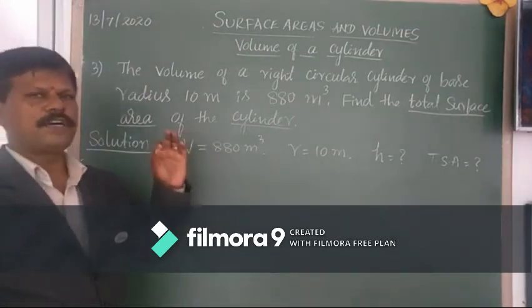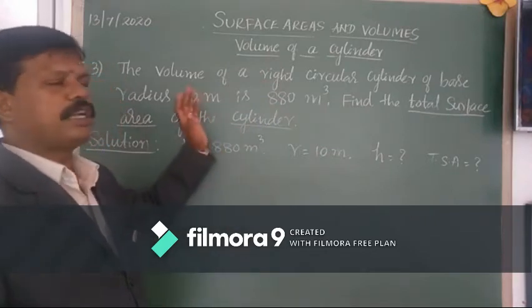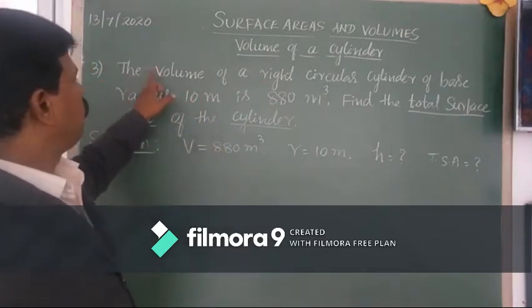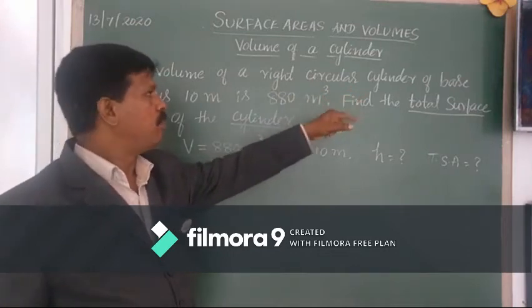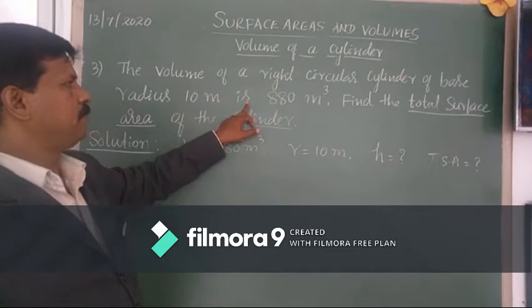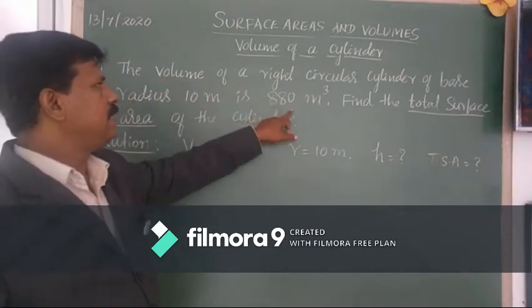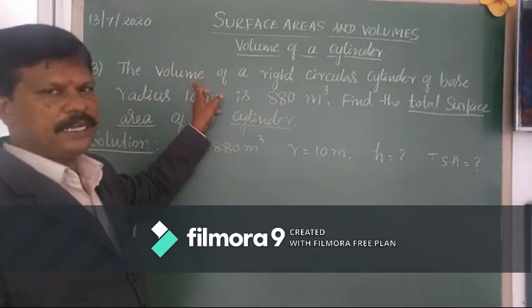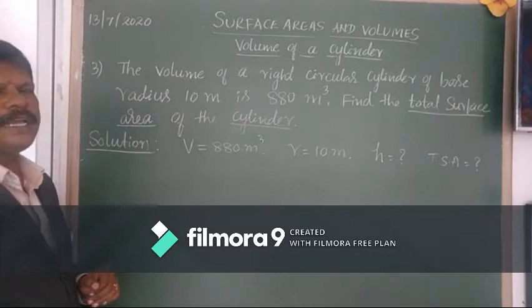Now, this is the first thing: after reading the question, first write down what is given. See, the volume of a right circular cylinder of base radius 10 meter: 10 meter is the radius and this 880 is the volume. Now we should find the total surface area.